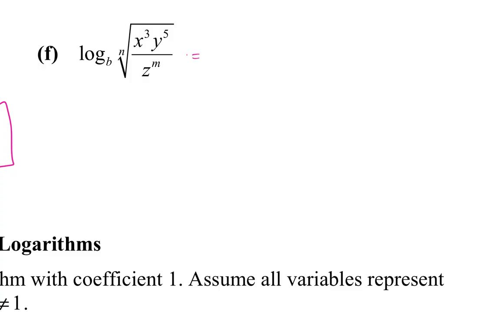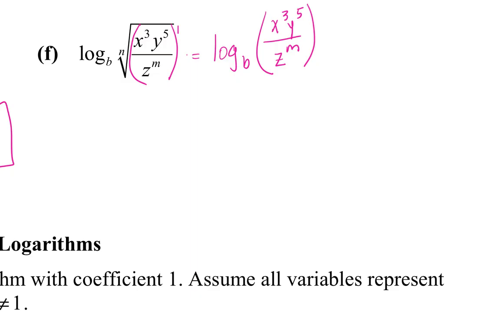So this is log base b, and all of this is to the 1 over n. So this is going to be x cubed y to the 5th over z to the m, all to the 1 over n.